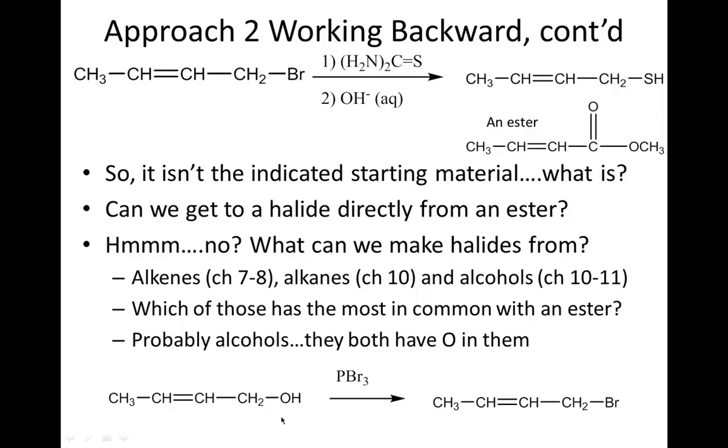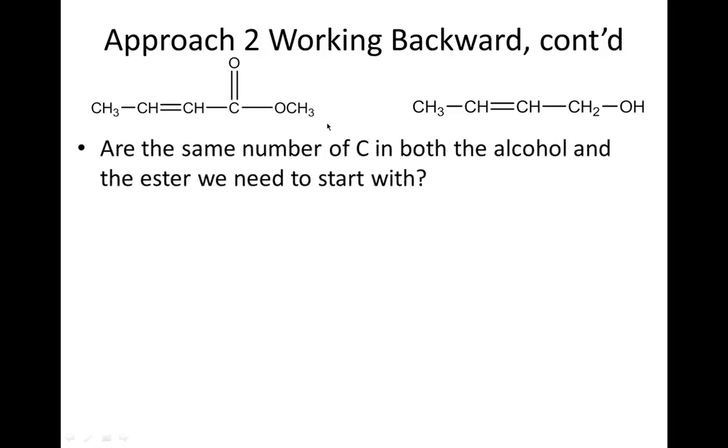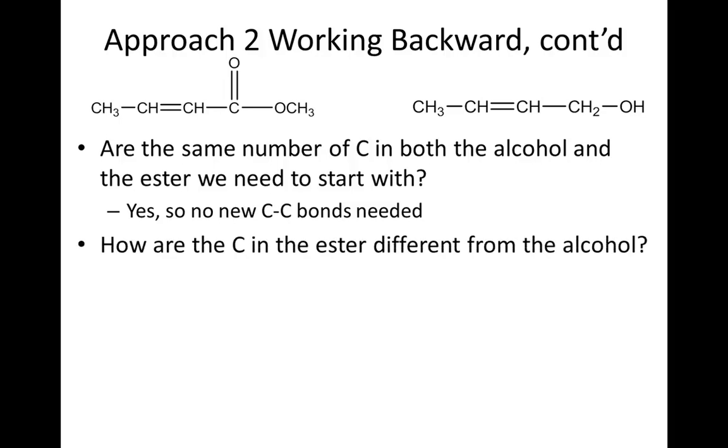And we do know a way to do that. And so we can get to here because we have the same number of carbons in the chain as we do in this alcohol. All we have to do is a reduction to get to this alcohol. And so we don't have to make any new carbon-carbon bonds. We do have to do a reduction.